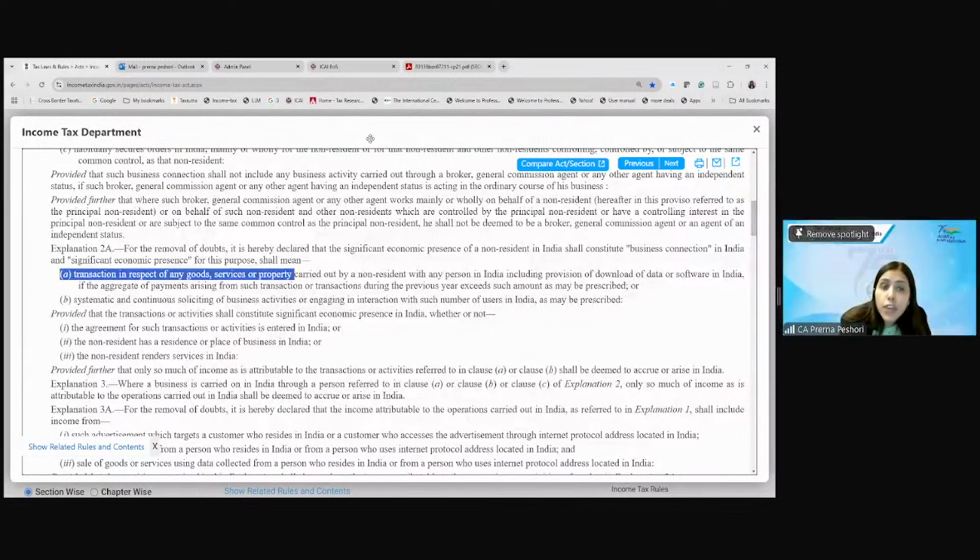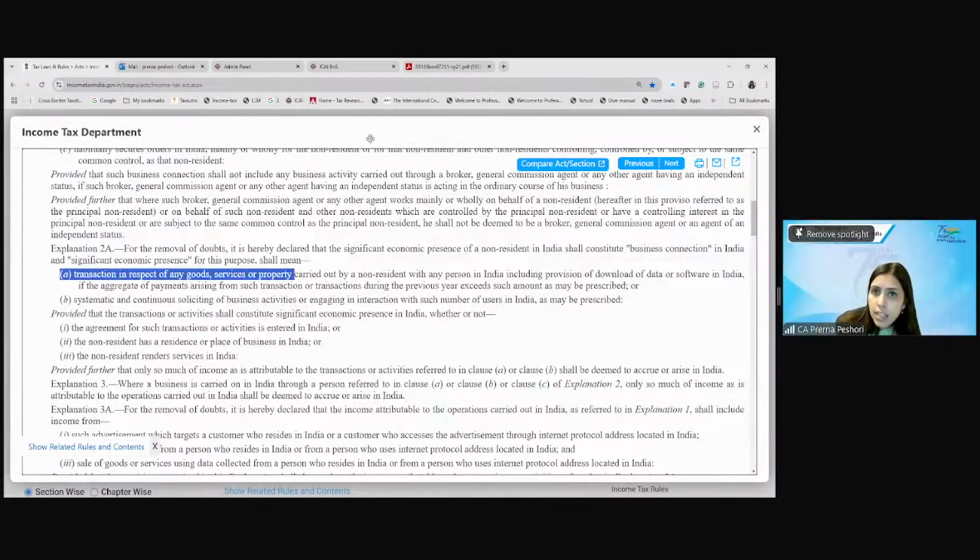Transaction in respect of any goods could include the advertisement, the marketing, the sales function, everything. So transaction in respect of any goods, services or property carried out by a non-resident with any person in India.